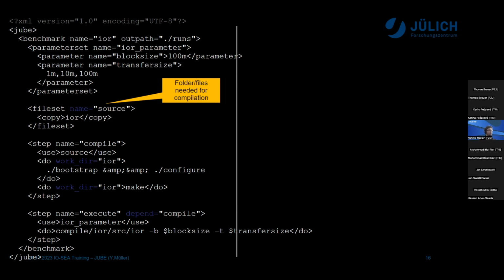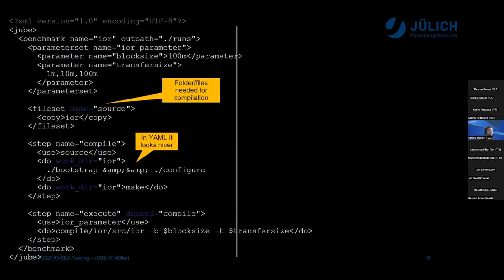And JUBE will take care of the question, where is the working directory? Because as I showed you, it depends on the step that you're currently executing, the benchmark, how many benchmarks you have executed before, but you don't need to worry. You just need to define, do you want to copy everything or do you want to link? These are the 2 options.